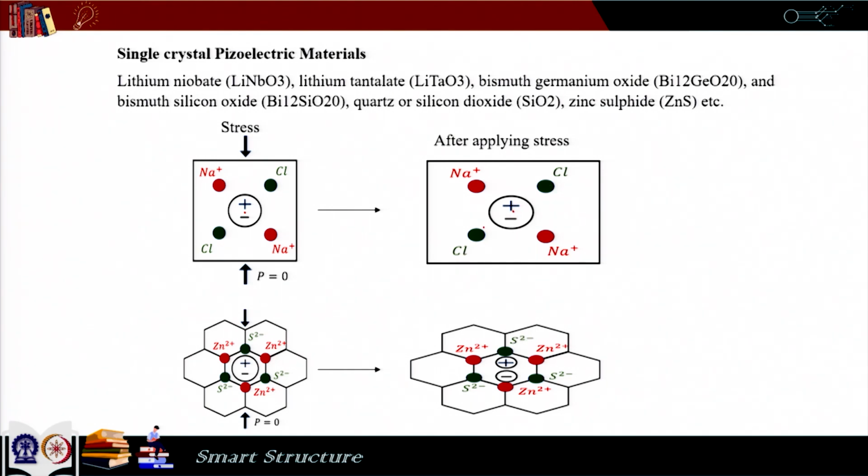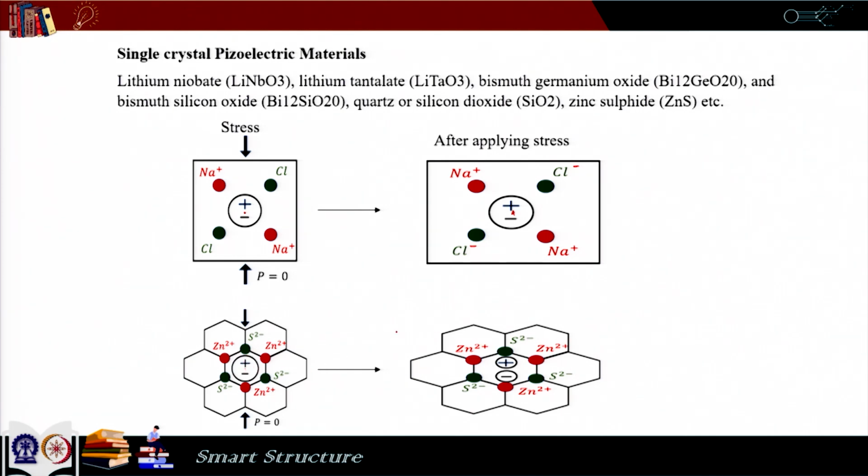The center of the negative is here and the center of the positive is here, and they are at the same point. Now, let us look into ZnS. This is piezoelectric and this is not centrosymmetric. At the beginning, the centers of positive and negative charge are the same.